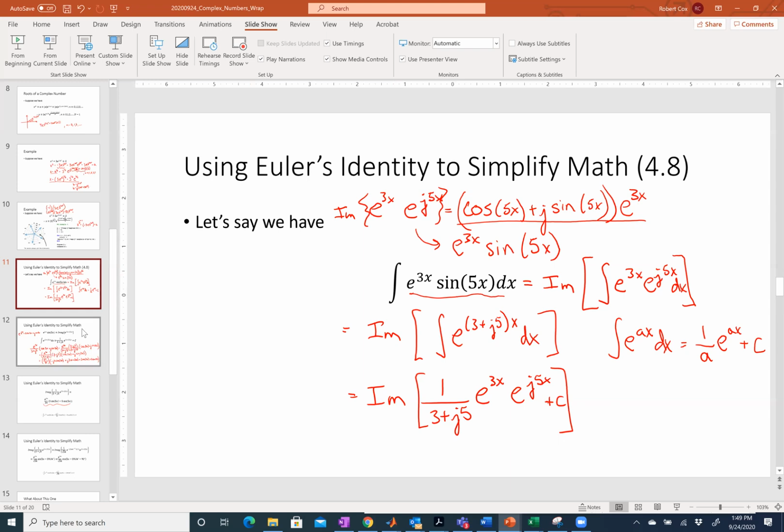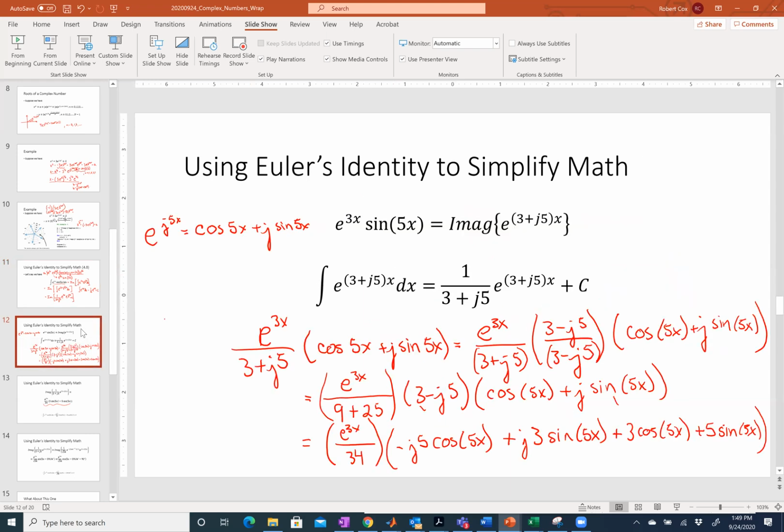Understood. And so what I did was, if I do this integral, what I get is this result. And then at the end of all of it, I need to take the imaginary part of both sides. And so I go through and I carry out that process.